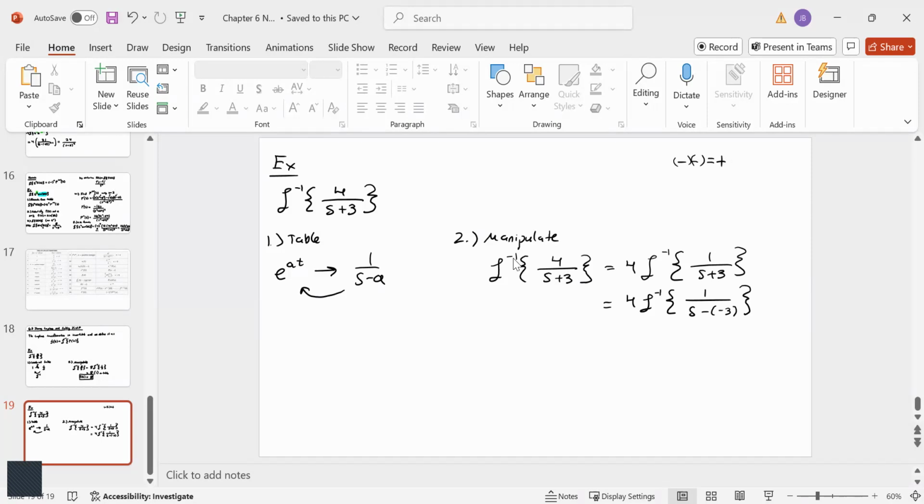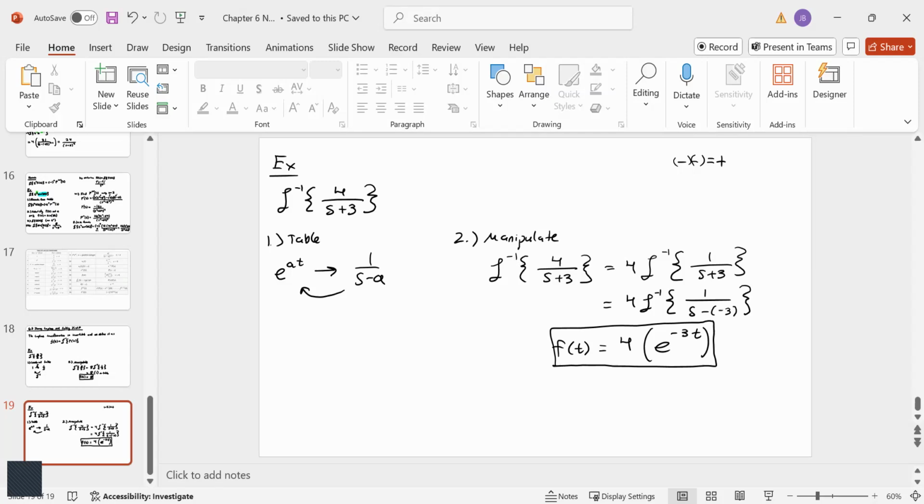So then we can now say 4, and then using the table it's going to be 1 over, nope, this is where I mess up. I have to convert it to e. So e to the negative 3t. And again, make sure you're changing it to the f of t variable, not s anymore. It's a very common mistake people make, and I still make it myself. It's just going back and forth between letters is sometimes a little challenging.